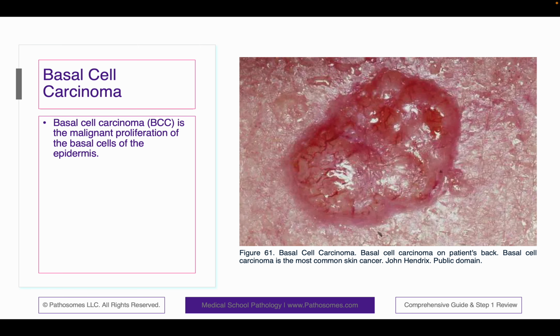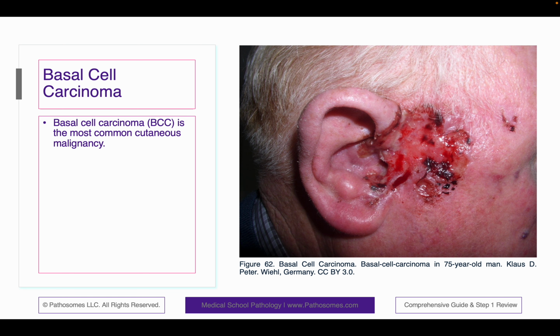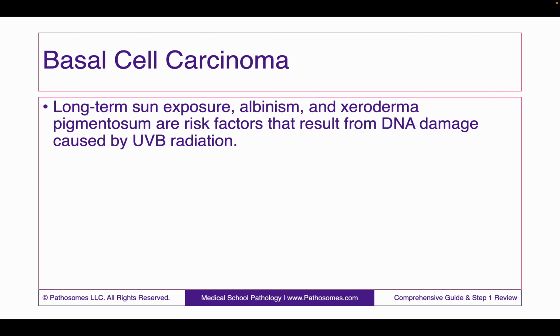Now, basal cell carcinoma is the most common type of skin cancer. Basal cell carcinoma is the most common cutaneous malignancy. Long-term sun exposure, albinism, and xeroderma pigmentosum are risk factors that result from DNA damage caused by UVB radiation.